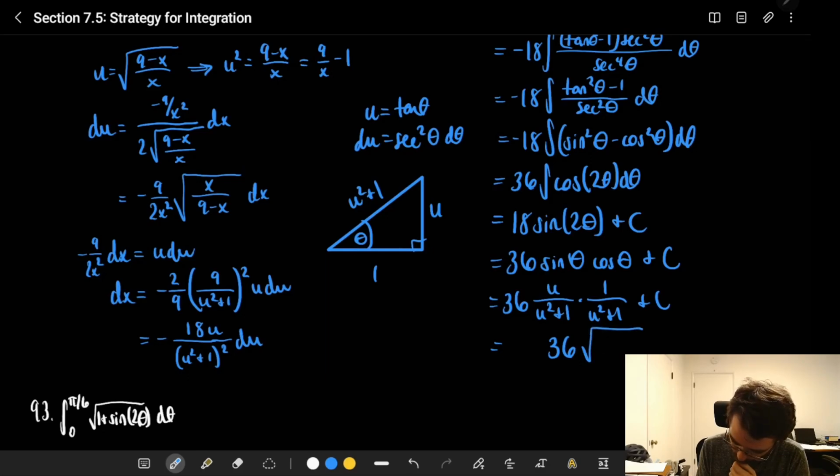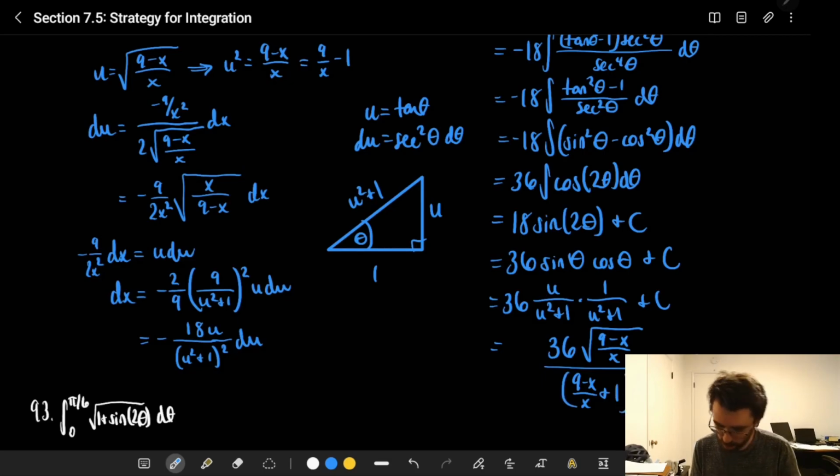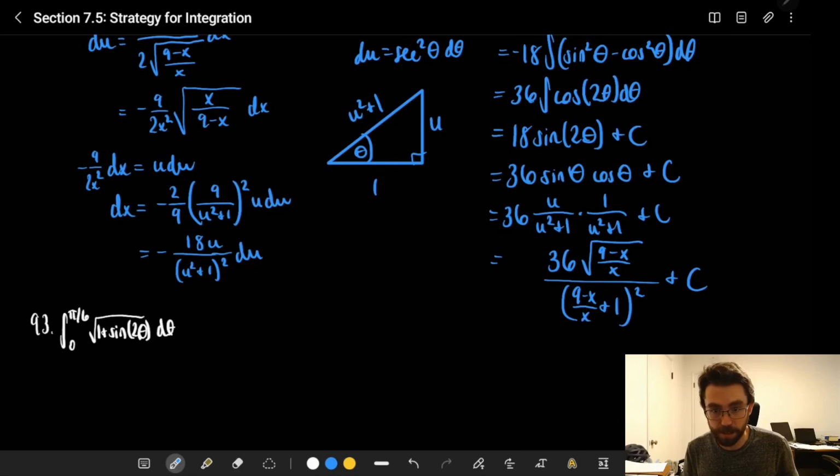U is root 9 minus x over x. On the bottom, you have u squared plus 1 squared. U squared is 9 minus x over x. And it's u squared plus 1 squared. I mean, I think this is the answer. I think.